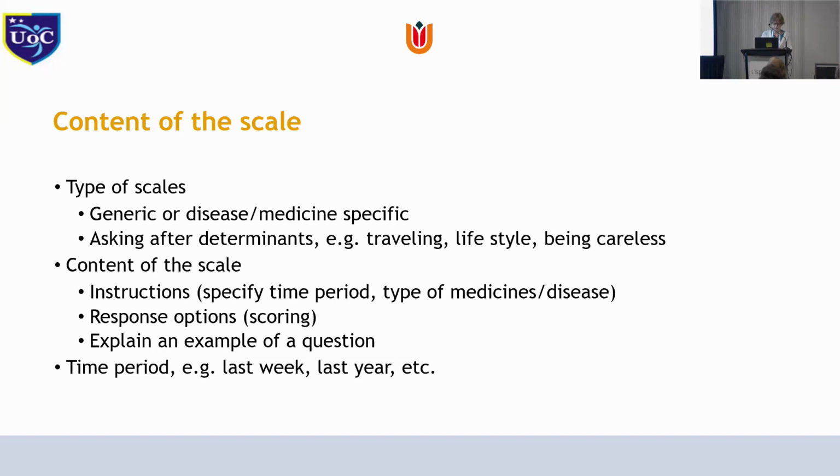And you should also explain what a 5-point Likert scale is, and it is also mandatory to give an example of how you fill out a questionnaire. And finally, test the questionnaire in the population.